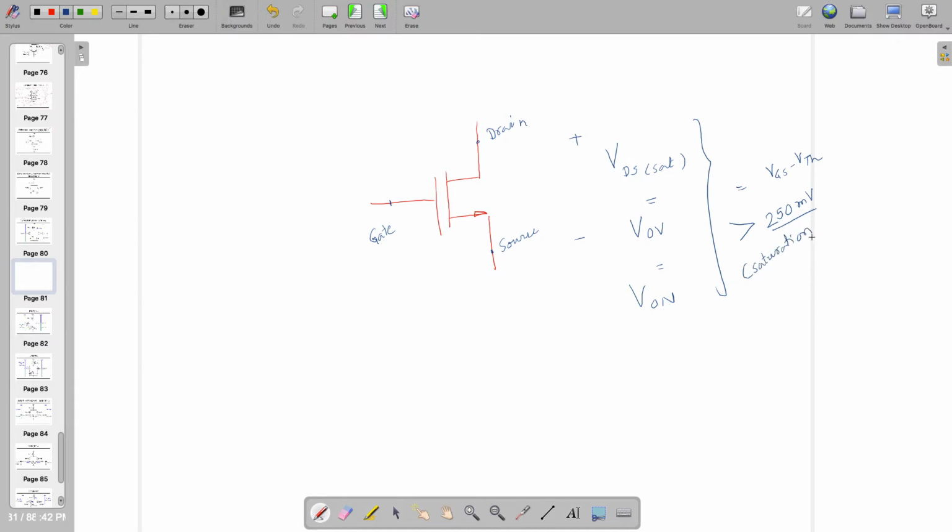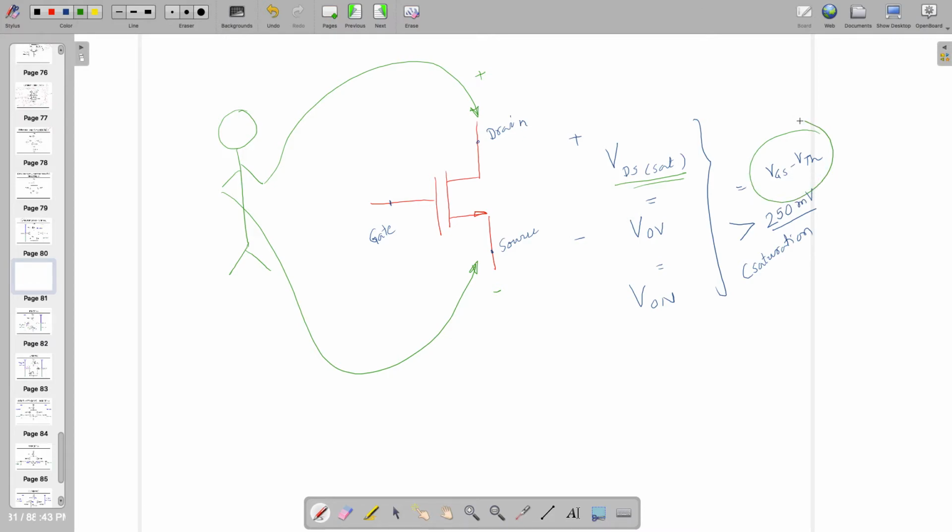So if this is the case, let's assume that you are standing over here and you are holding a multimeter, plus sign connected over here, minus sign connected over here, you are going to observe VDS sat. But if you are looking at the other side, this side is VDS. However, from this side, I know that it has to be VGS minus VTH.